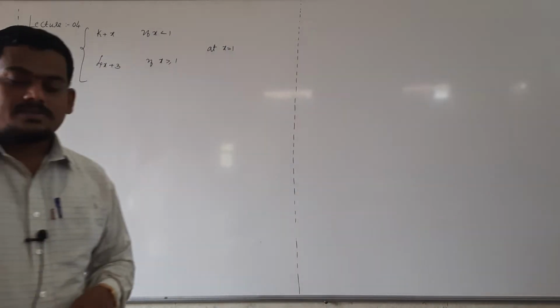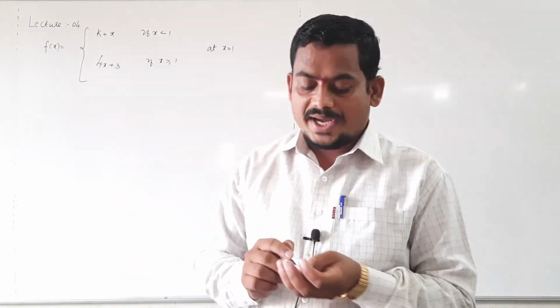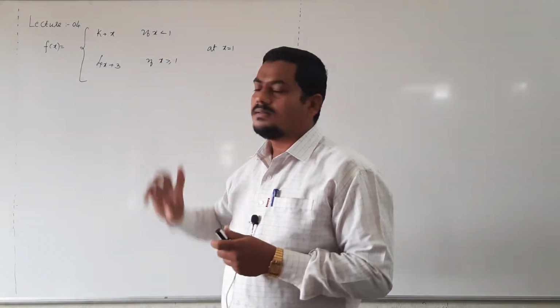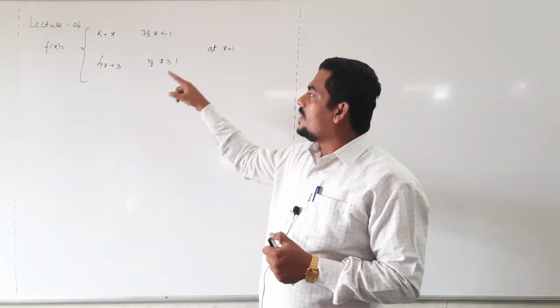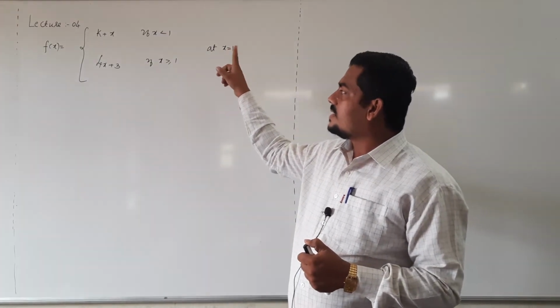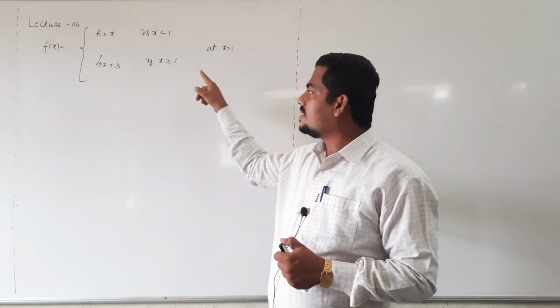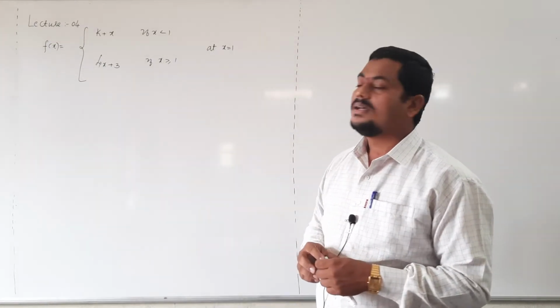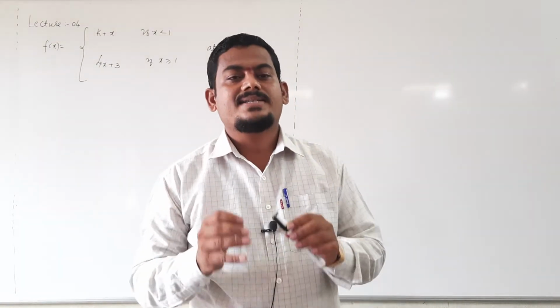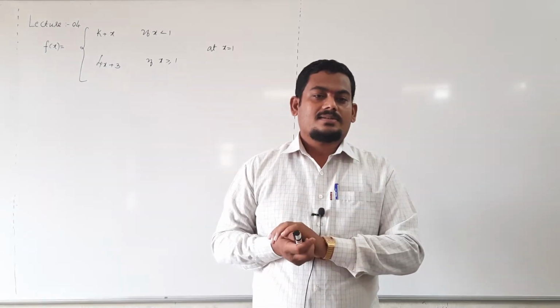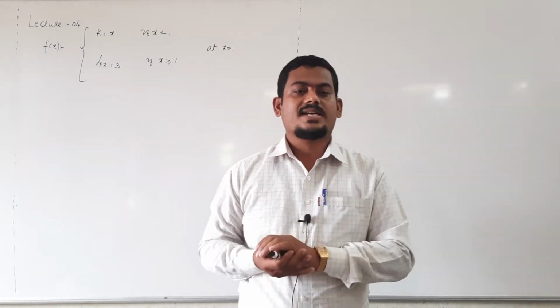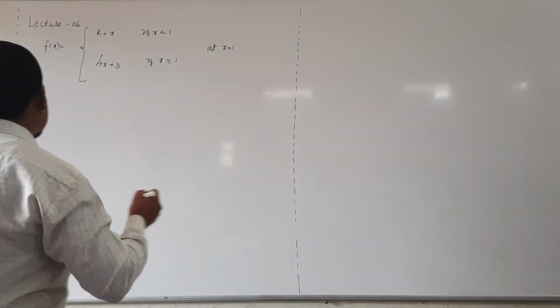Once again, the question: find the value of k so that the function f of x equal to k plus x if x value is less than 1, 4x plus 3 if x value is more than 1, is continuous at x equal to 1. Clearly the given function is continuous at x equal to 1.